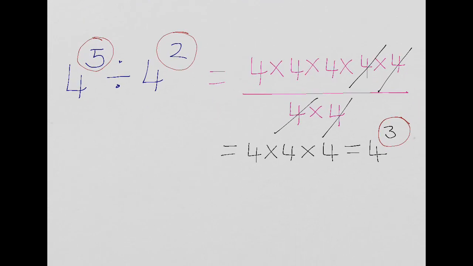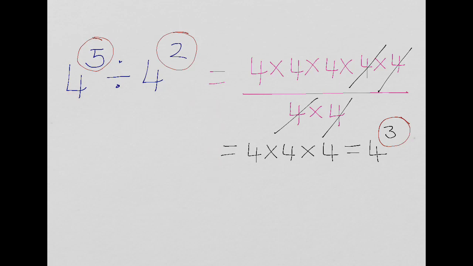So what we can say from this is, when you have two numbers, or two indices, with the same base, we can subtract the indices to get a simplified answer, but only when the bases are the same.